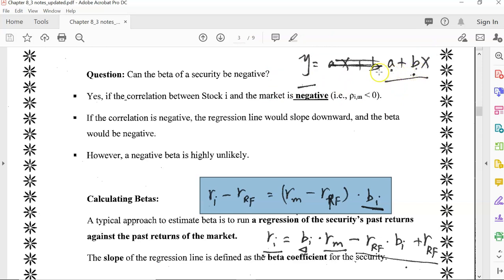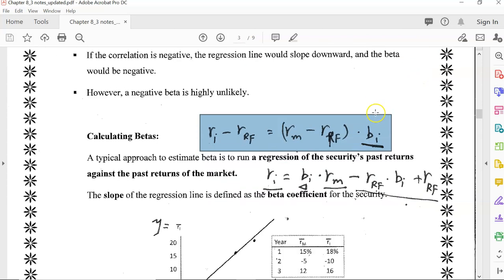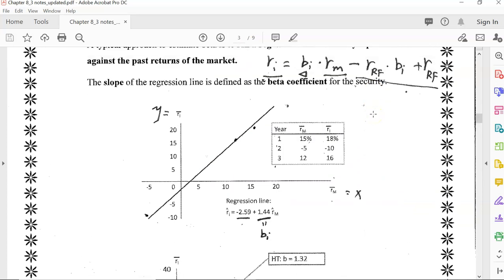Okay, now we have enough information on y, a, and x. We run this regression line a lot of times. We can have an estimated beta coefficient, or this b coefficient here. For example, if we know Rm and Ri for these three data points shown in this graph, we can draw this line based on these three points.